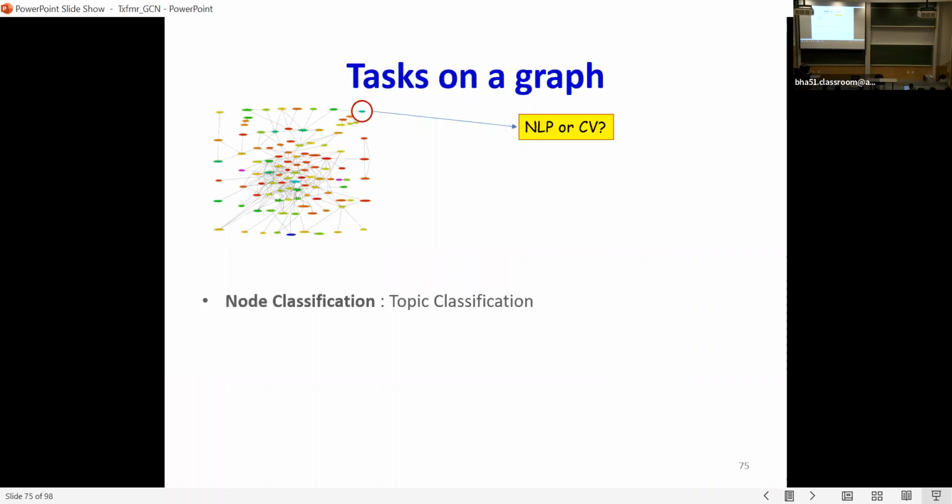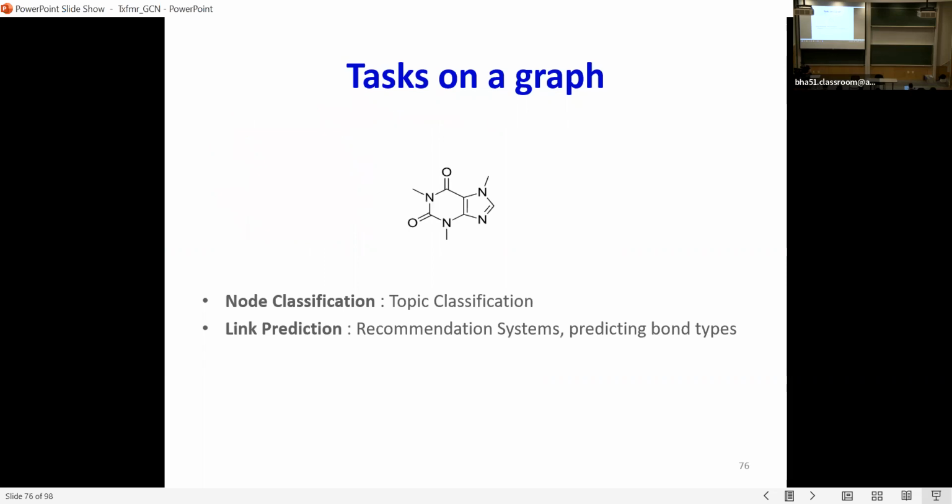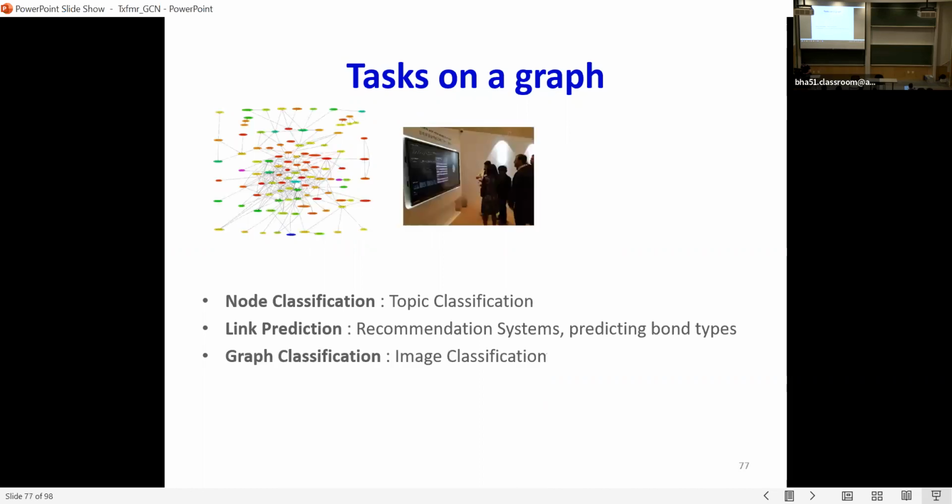So in the case of papers that are linked by citation, each paper is going to have a theme, like NLP, computer vision, speech, biology, etc. One thing you may want to do is automatically classify a paper into a theme, and that can be useful if you're managing a database of papers. You may want to do link prediction, which means trying to predict, given two nodes, if there is going to be an edge between them.